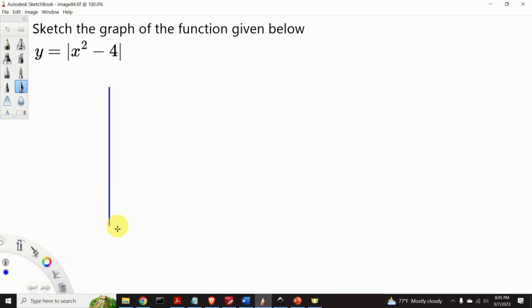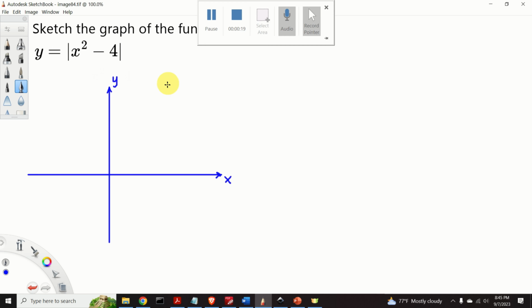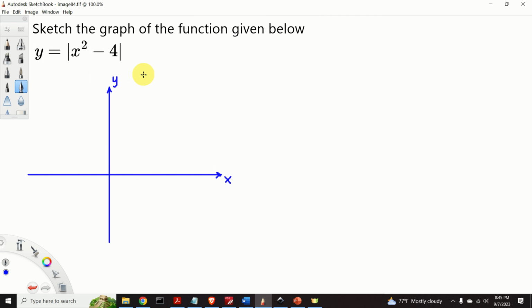Let's first sketch a coordinate system. Here's y, and here's x-axis. Let us first sketch the function y is equal to x squared minus 4.